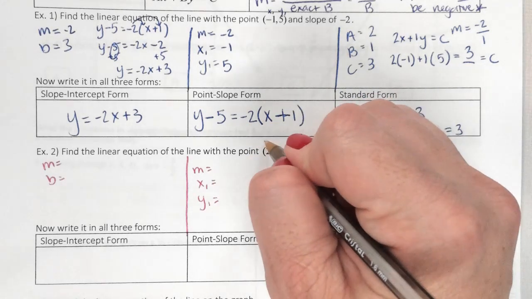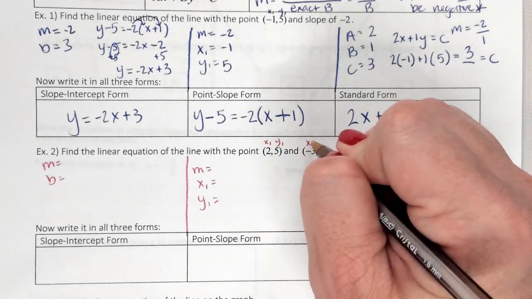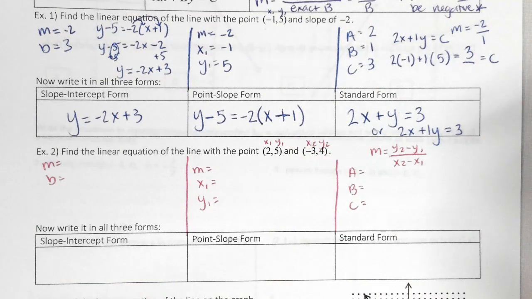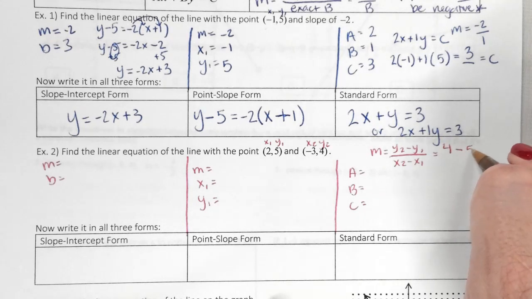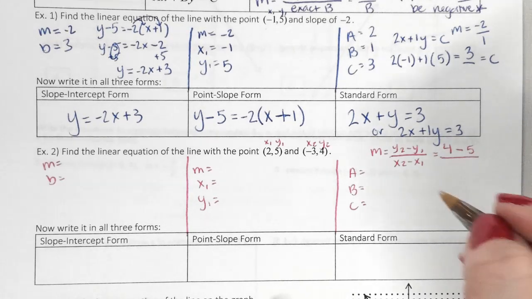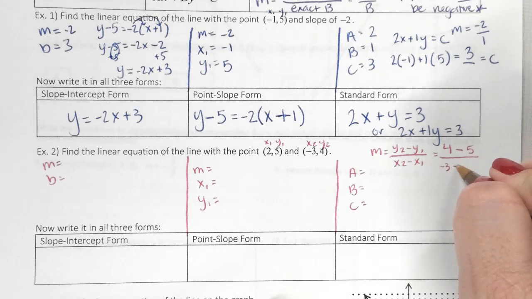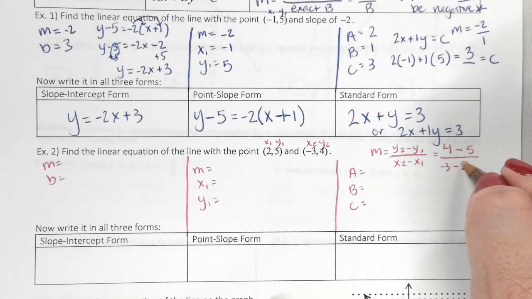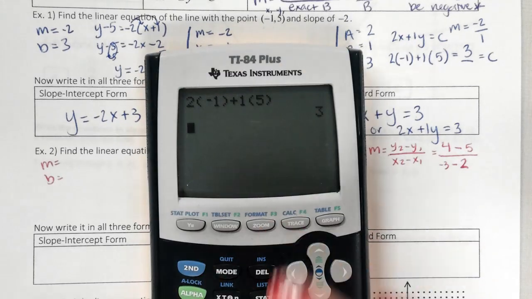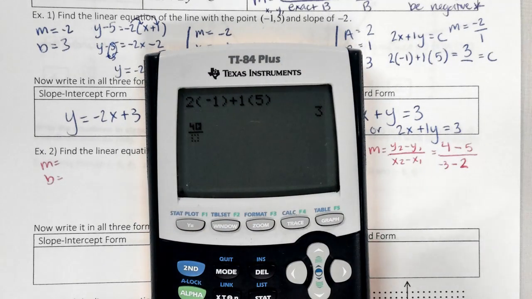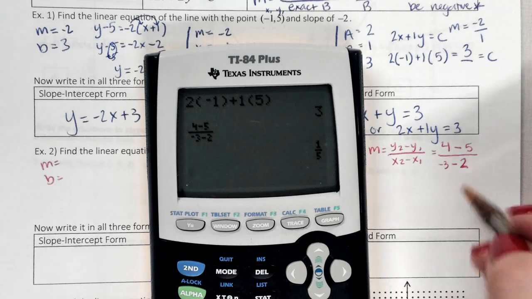And I'm going to label my points x1, y1, x2, y2. So y2 is 4 minus y1 is 5 over x2 is -3 minus x1 is 2. And I can type that in my calculator. And I get positive 1/5.